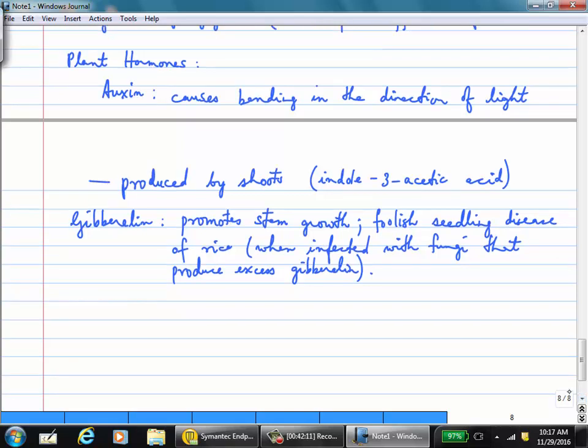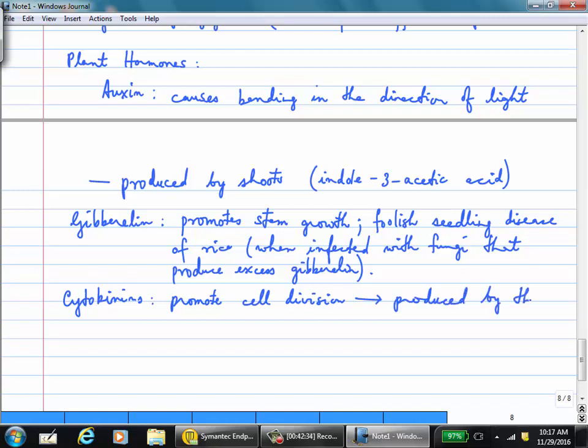Then another plant hormone is called cytokinin. This is produced by the roots of the plant. So cytokinins promote cell division, and they are produced by the roots. Then another plant hormone.